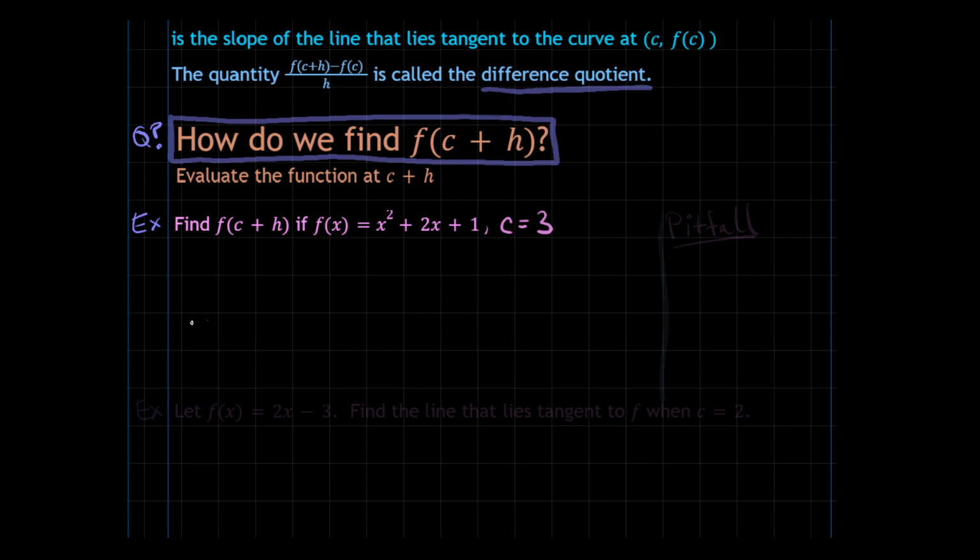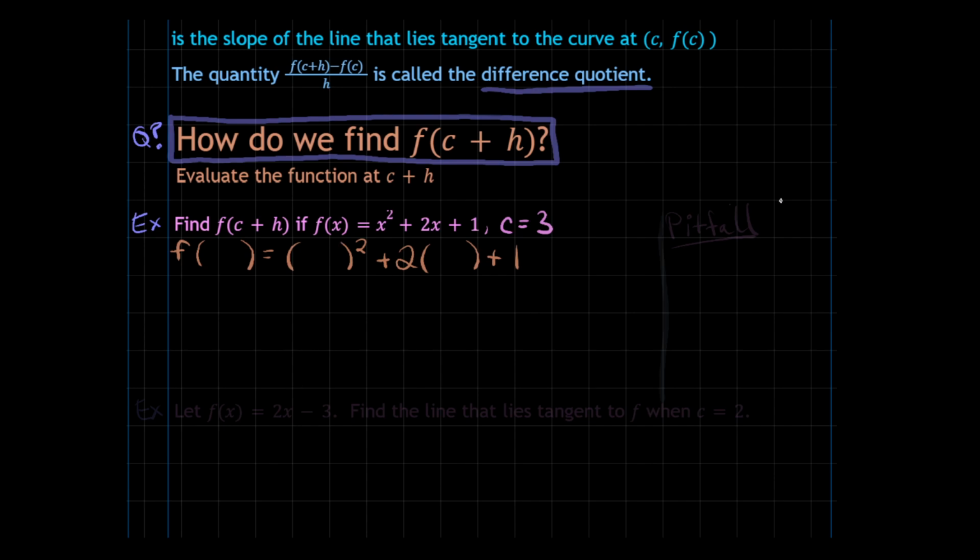Alright, well first of all, when you evaluate a function, a smart way to do that is to rewrite the function with all of the x's replaced with empty parentheses, like so. If you do this step first, you'll never have to worry about messing up your signs or your FOILs or your distributes or anything like that, okay?